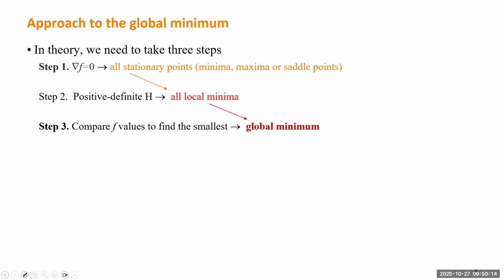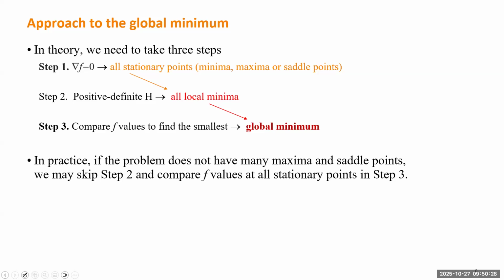And to find the global minimum, we have to compare the F value at those local minimum points and find the smallest one. That one will give you the minimal generation cost. That will be the solution of the dispatch problem. But in practice, if the problem doesn't have many maximum and saddle points, we can skip step number 2, which means you just go ahead to find all the stationary points, and then you jump over to step 3.